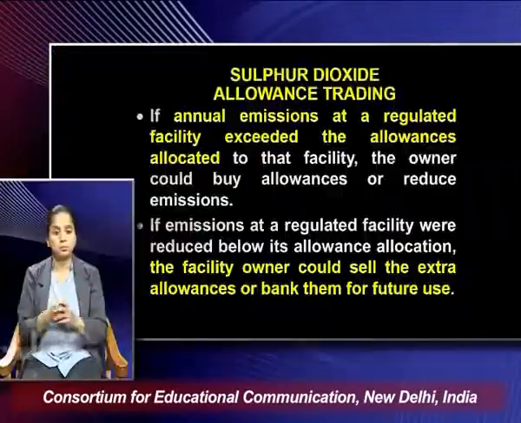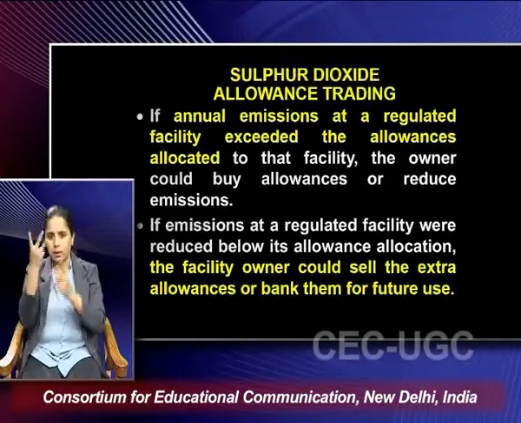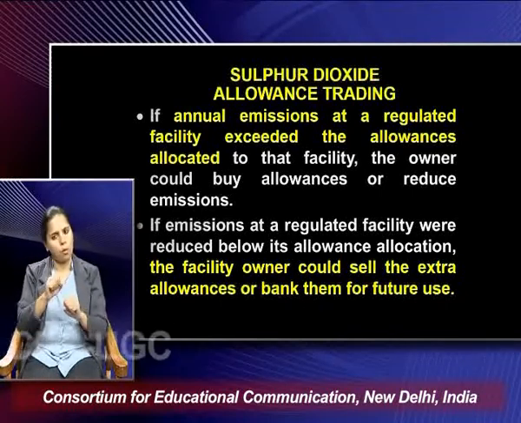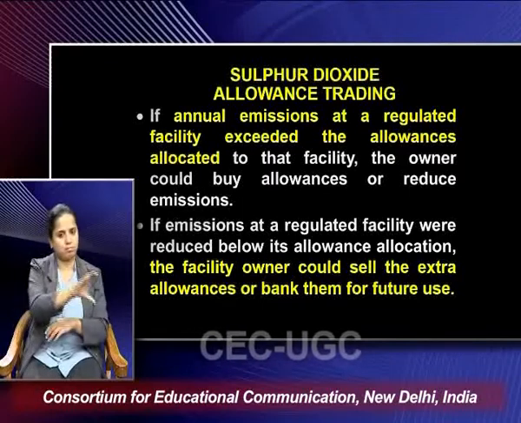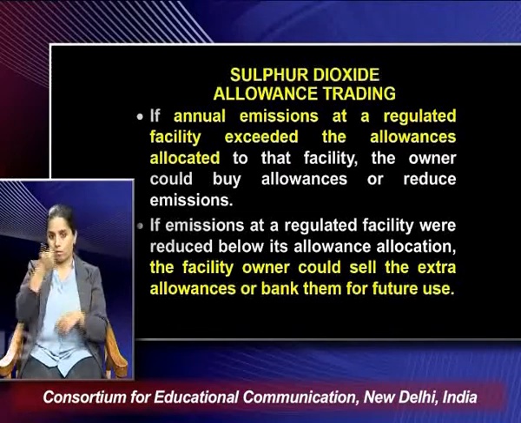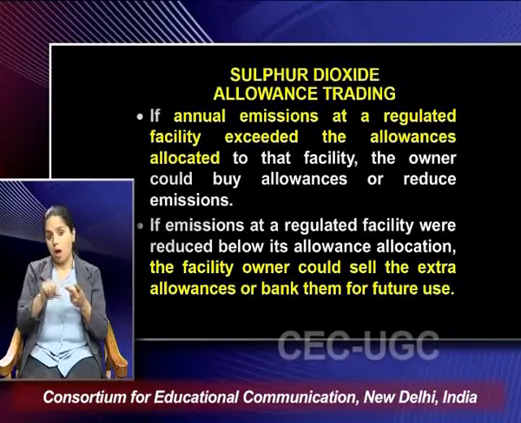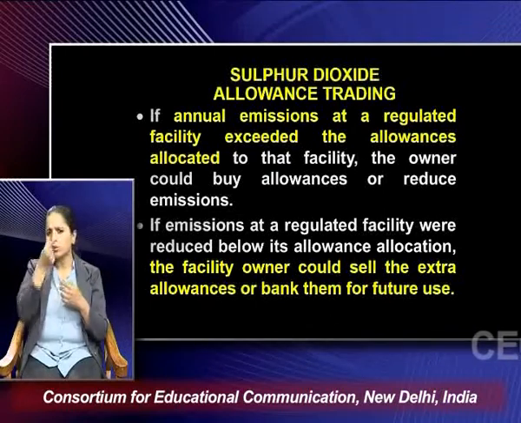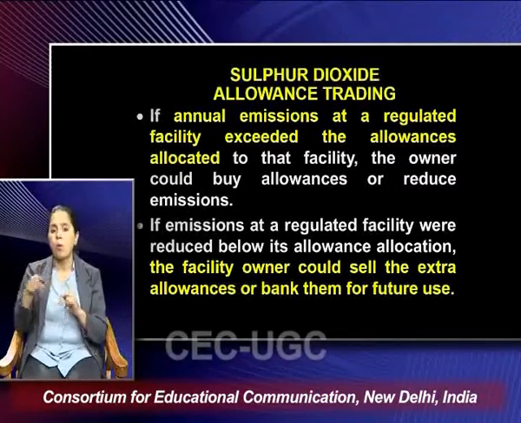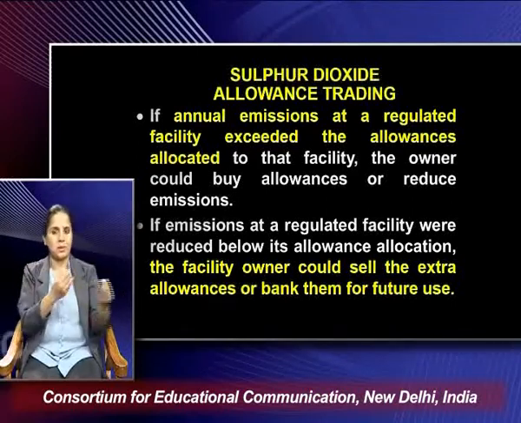If the annual emission at a regulated facility exceeded the allowance allocated to that facility, the owner could buy allowances or reduce emissions. So this was the advantage given: an owner has the flexibility of buying and selling allowances. On the other hand, if the emissions at the regulated facility were reduced below the allowance allocation, then the facility owner could sell the extra allowances or bank them for future use.